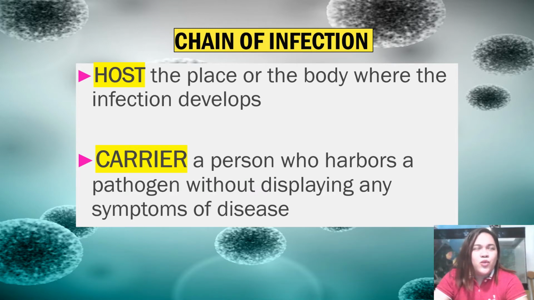Another term for carrier is asymptomatic. Asymptomatic comes from the prefix a plus symptom, which negates the symptom. It means a person who doesn't show symptoms but carries the pathogen in his or her body.